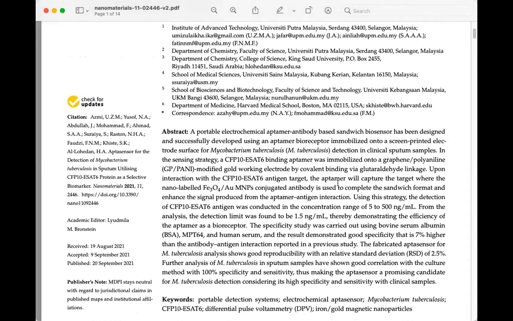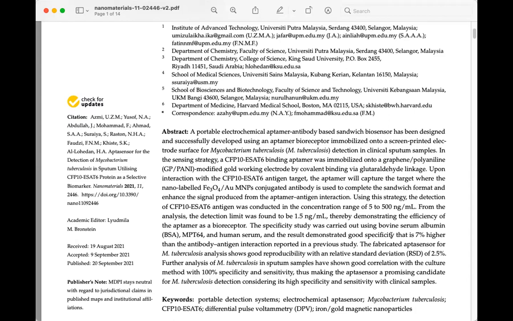Again, the abstract and introduction. Then, talking about the experiment itself, what happens upon interaction with the aptamer it will capture, using this strategy. The detection was conducted in constant. This is partly methods, and partly methods as well as talking about the results.